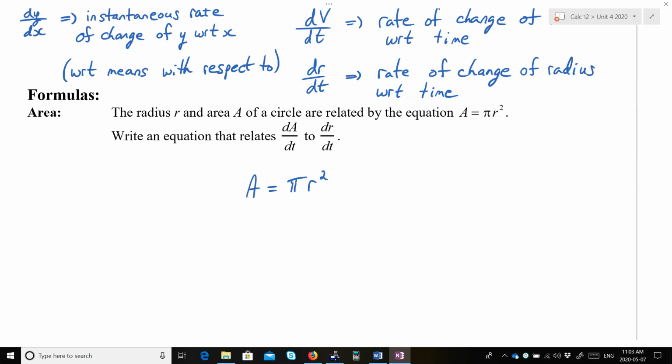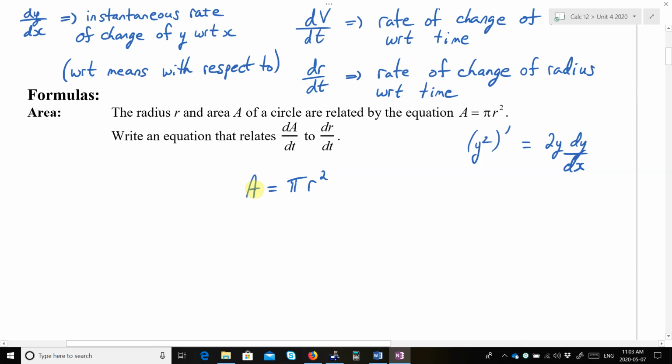It's kind of like implicit differentiation. When we did a y derivative, the derivative of y squared, we were treating y as a function of x, and we said that this was 2y dy dx, the chain rule part, right?